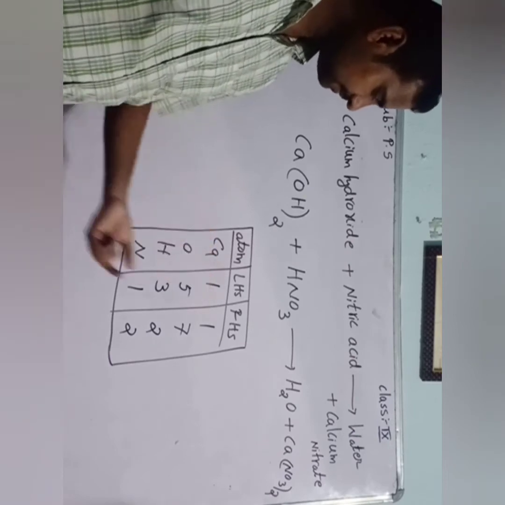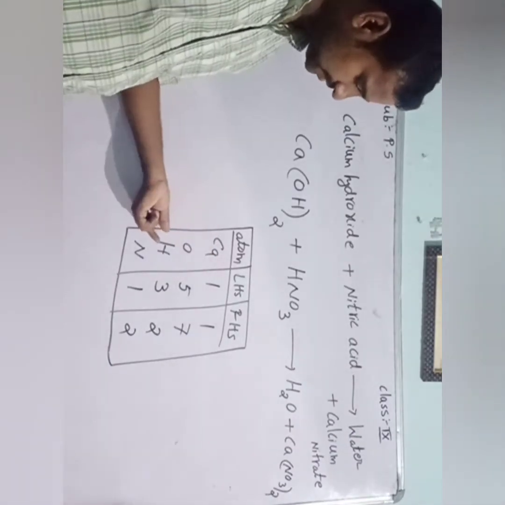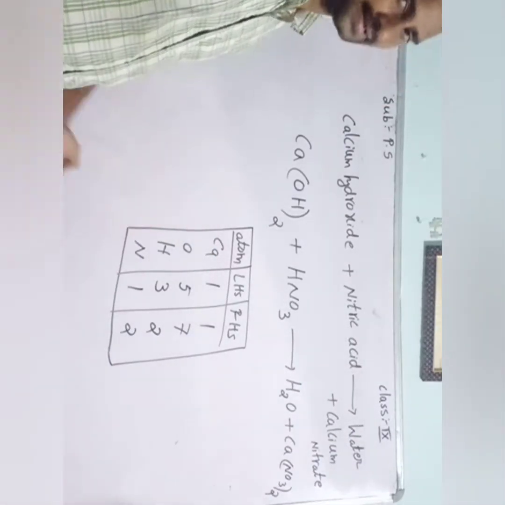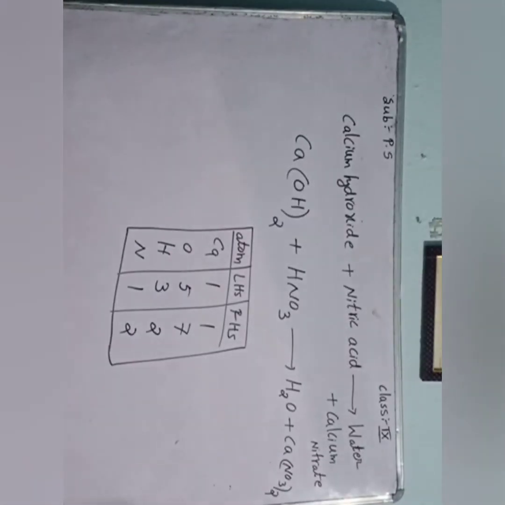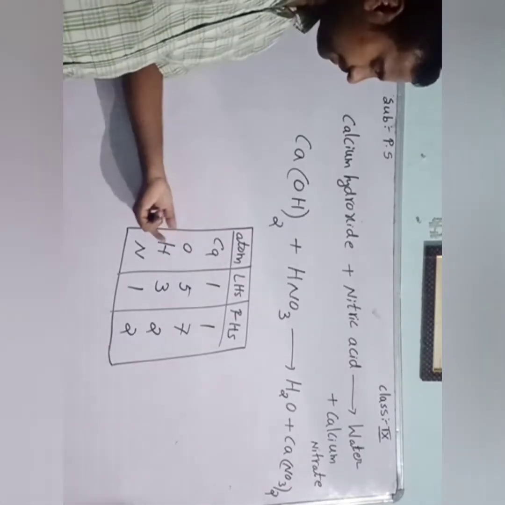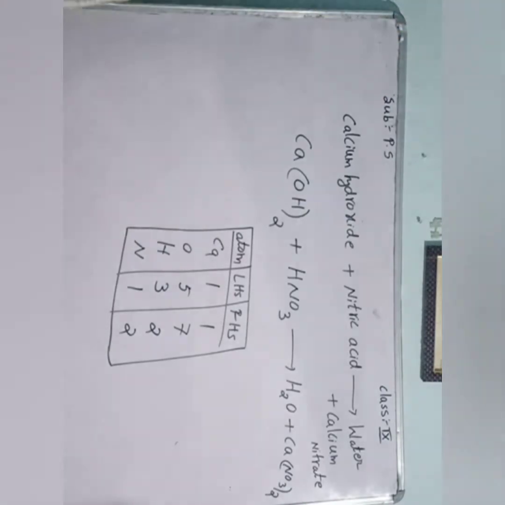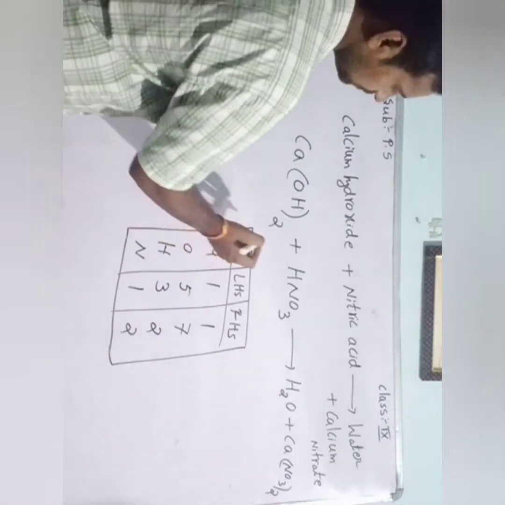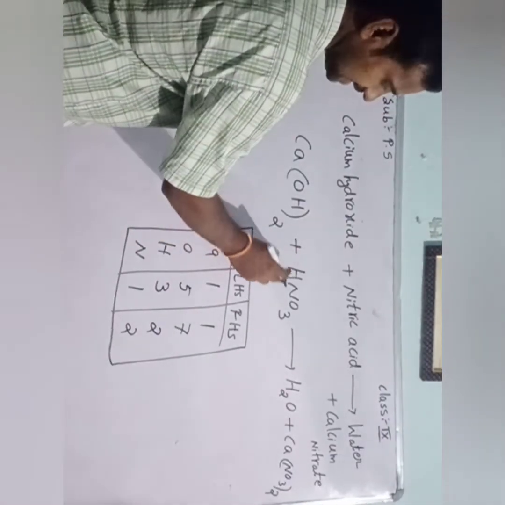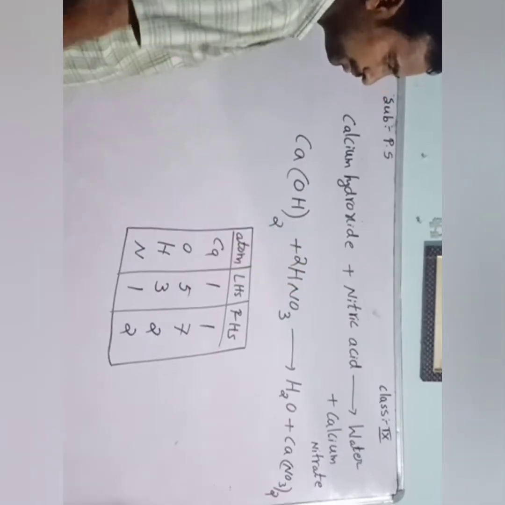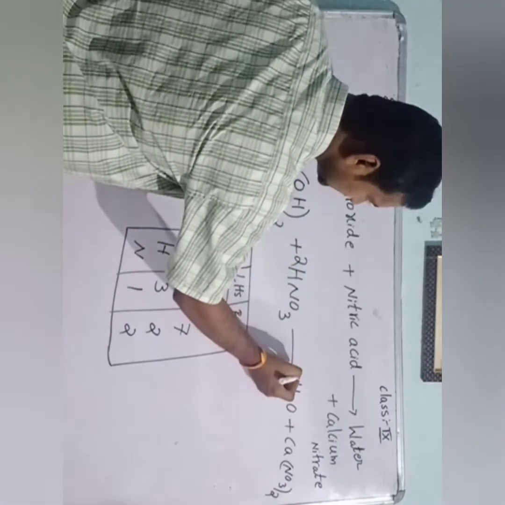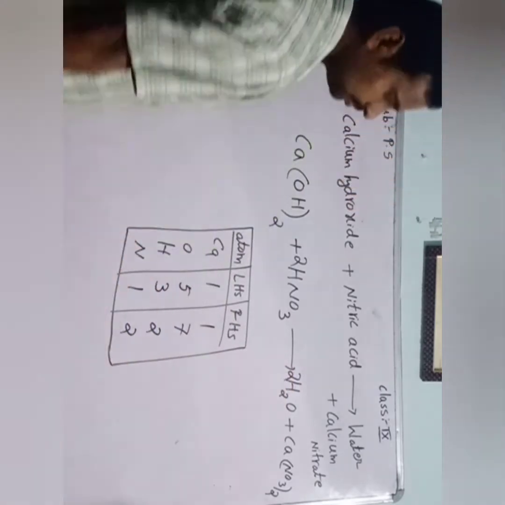Calcium atoms same, but oxygen, hydrogen and nitrogen are unbalanced. So balance the oxygen, hydrogen and nitrogen atoms now. So now take the coefficient of HNO3 as 2 and the coefficient of H2O as 2.